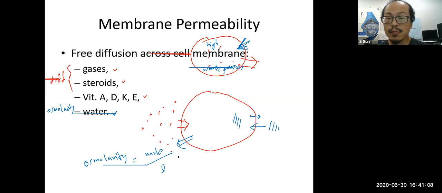So that's molar. And if it's in the fluid, it's osmolarity, osmolar. So these three are driven by diffusion. Water is driven by osmolarity. Let's look into the detail in the following.